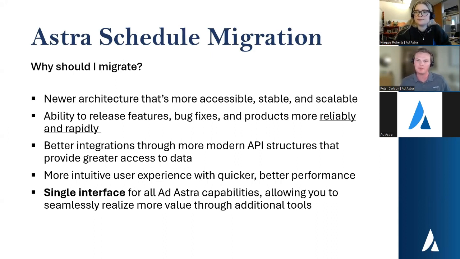So rather than a big mass update where you're moving maybe from version 7 of Astra Schedule to version 8, we will be able to have periodic product enhancements and bug fixes. Our development team is working daily to make sure that we can get you the best product that's best for everybody.